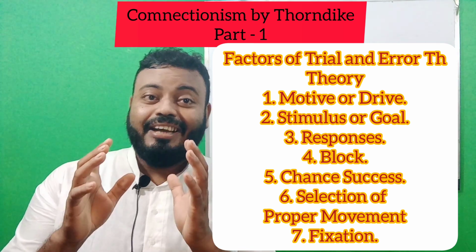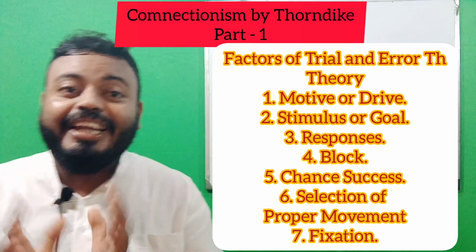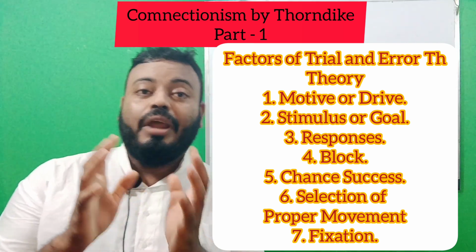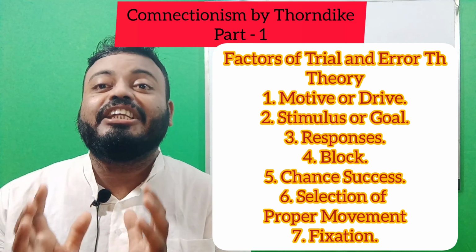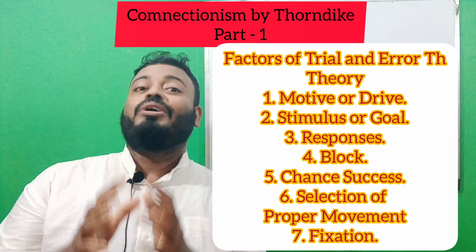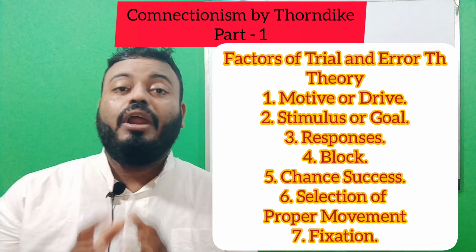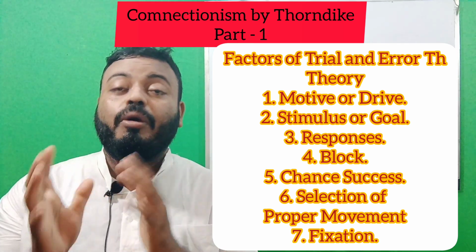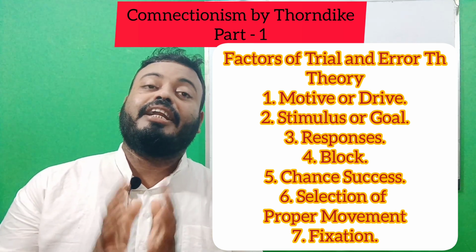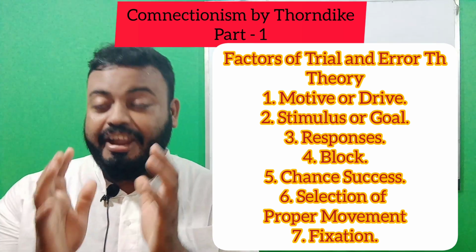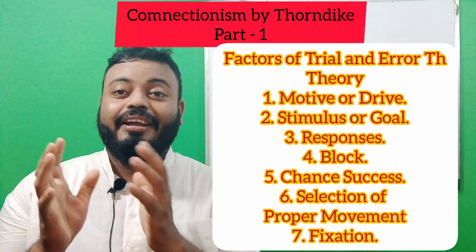The response which leads to the goal is known as the satisfying response. The responses which do not lead to the goal are unsatisfying responses. So the response is very important for the cat.